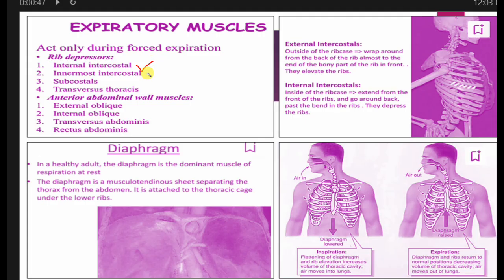Whether you call it the innermost or the outermost intercostal muscle, we have the internal intercostal muscles. We have the subcostal muscles. We have the transversus thoracic muscle. And then under the abdominal muscles of expiration, we have the external oblique muscle, the internal oblique muscle, the transverse abdominis muscle, and the rectus abdominis muscle.